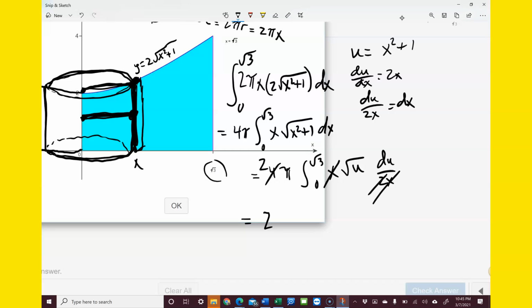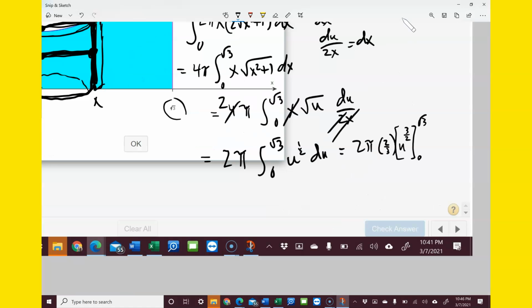So this is going to be 2 pi integral from 0 to square root 3 of u to the 1/2 du, which becomes 2 pi times u to the 3/2 divided by 3/2, which in other words is times 2/3, from 0 to square root 3.